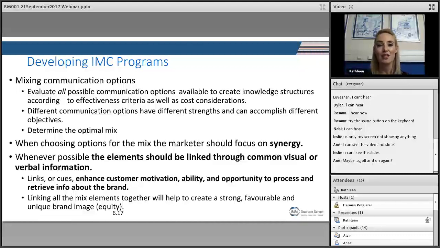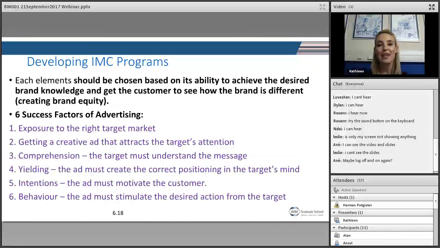And the aim of this mix is that we should be achieving synergy, where each of the elements work better together than what they would on their own. And whenever possible, the elements should be linked through common visual or verbal information, meaning there should be some repetition, or as we said earlier, consistency, because increased consistency means increased awareness.